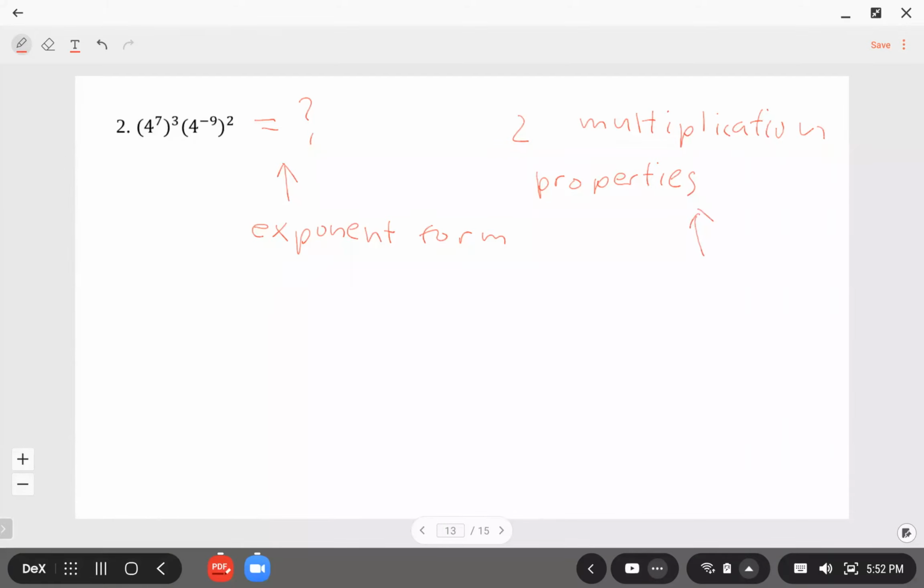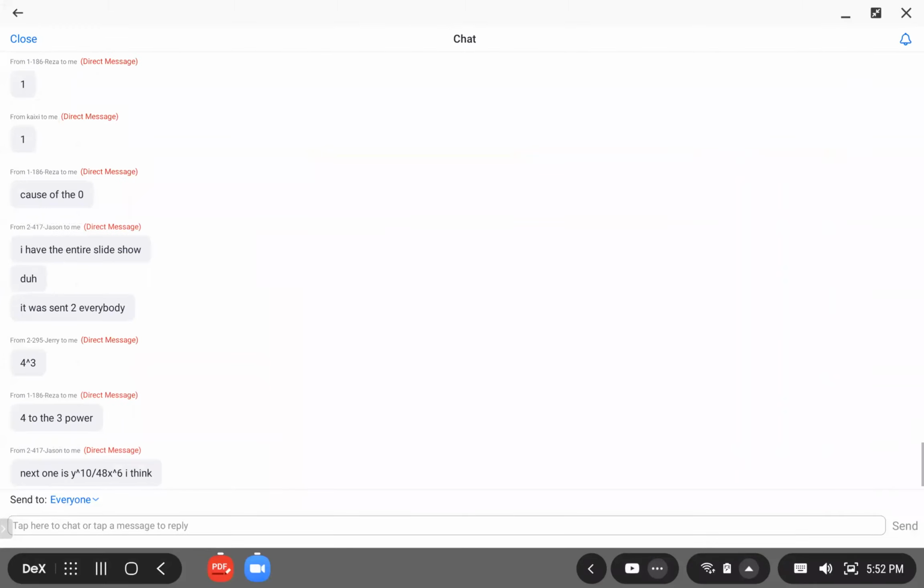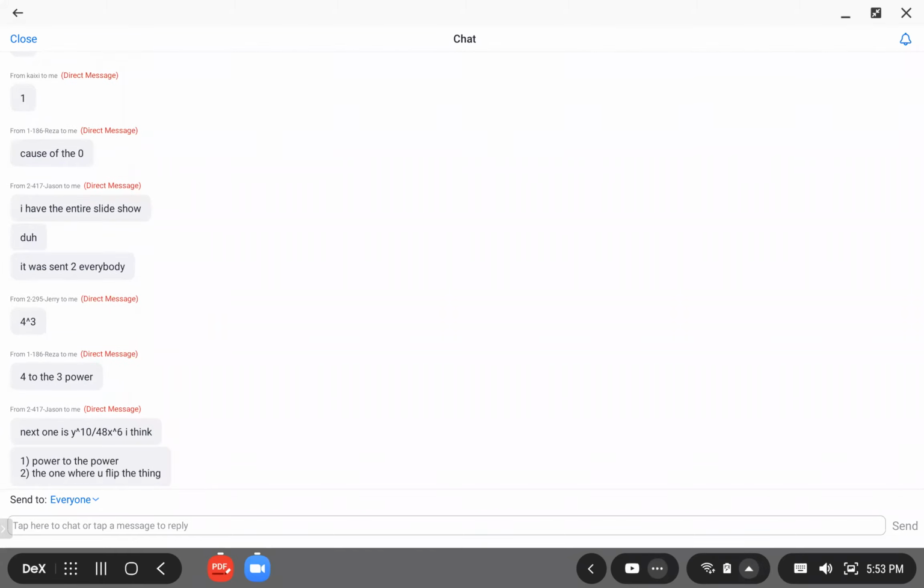Tell me the two multiplication properties used. Wow, Jason. Y to the 10th power, 4 to the 48, x to the 6th power. I think that's pretty much correct.